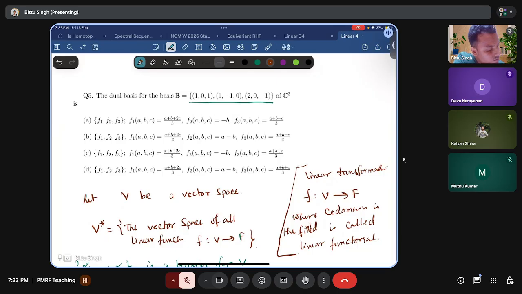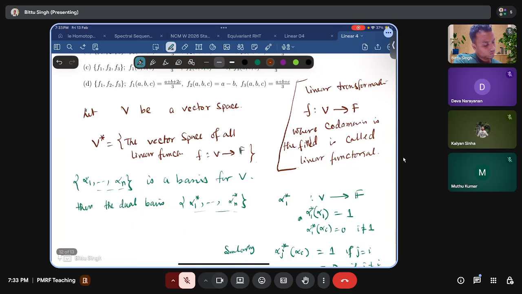So the basis for C3 is already given. Usually we take the simplest kind of basis, where the first component is 1 and the others are 0, and similarly for all other entries. But here the basis is slightly complicated. So let me denote those entries as alpha 1, alpha 2, alpha 3.